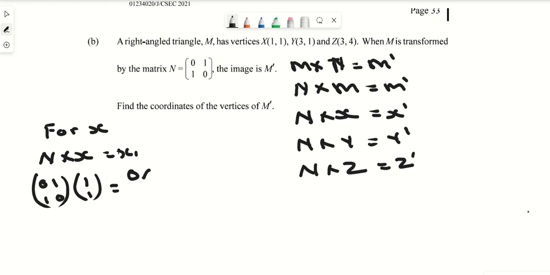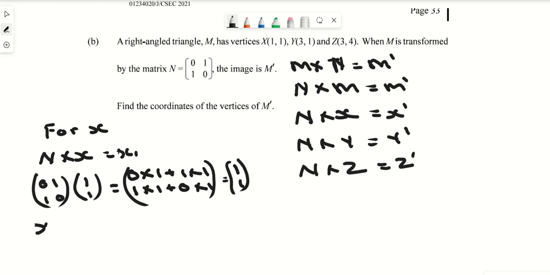So it's 0 multiplied by 1 plus 1 multiplied by 1, and then 1 multiplied by 1 plus 0 multiplied by 1. So this was equals to 1 and 1. So X1 is equals to 1, 1.